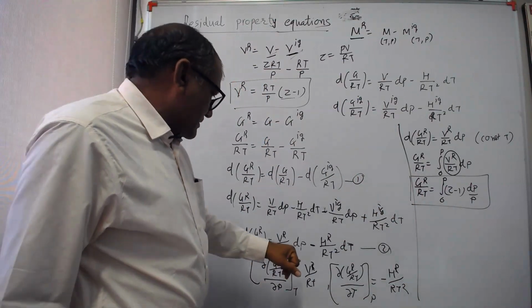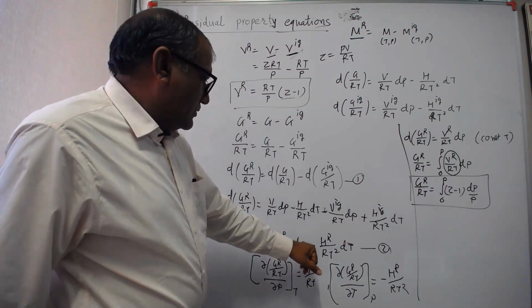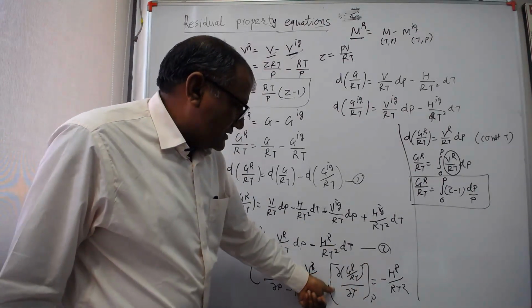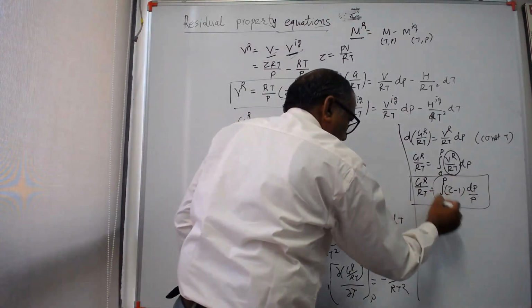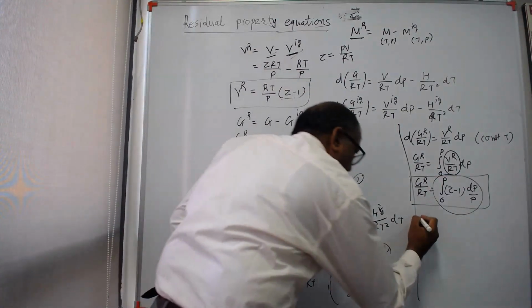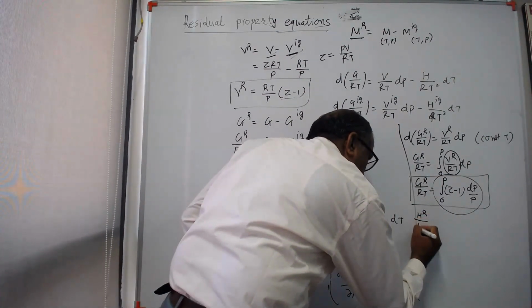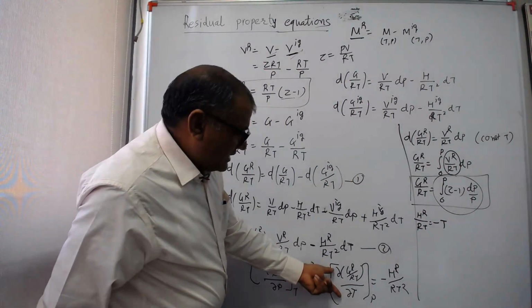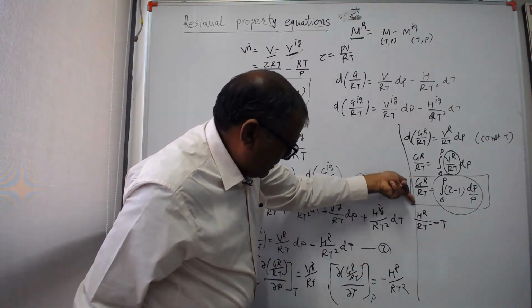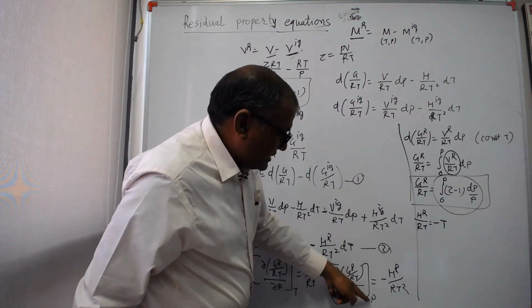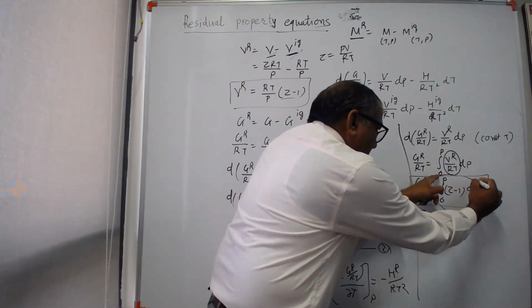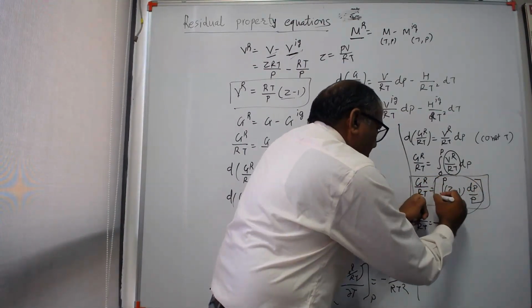In the other case, I can calculate HR over RT by taking the differentiation of this term. So HR upon RT equals minus T times the partial derivative of this entire term with respect to temperature, keeping pressure constant, meaning the partial derivative of this integration.